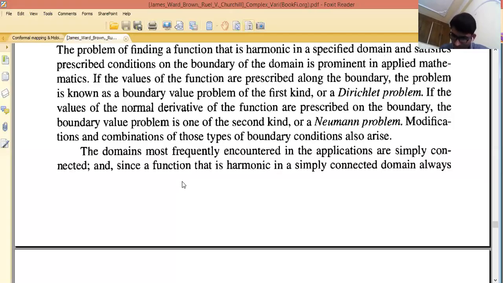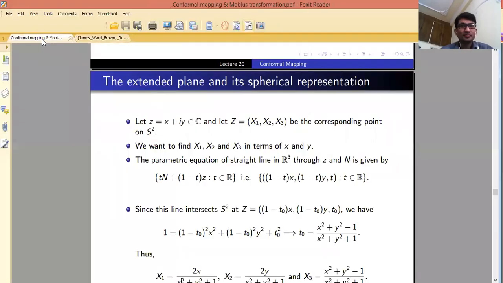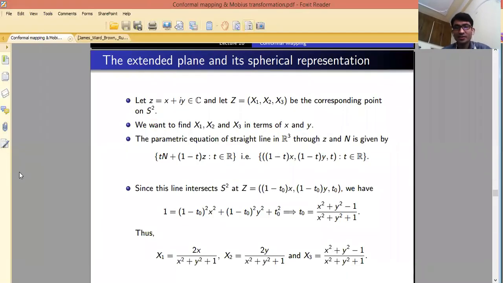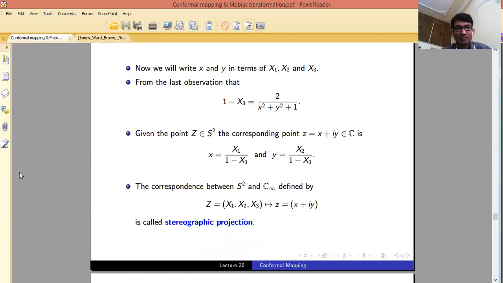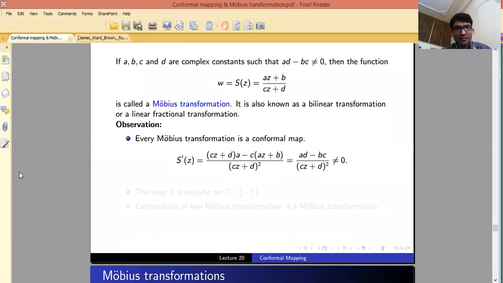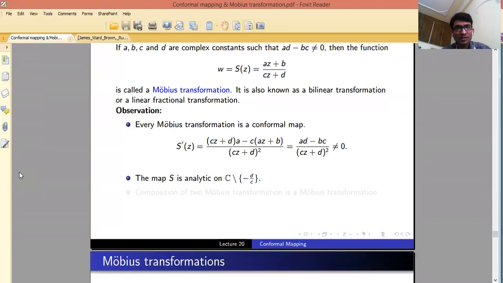There are many such questions. Students, see them carefully. These are questions based on conformal mapping only. In the next topic, we discuss the Mobius transformation.